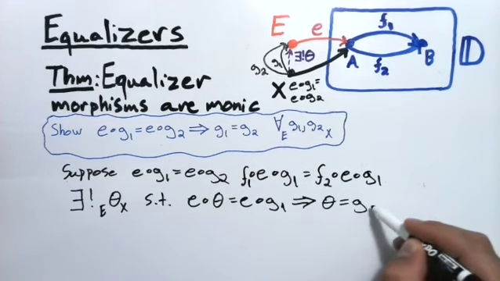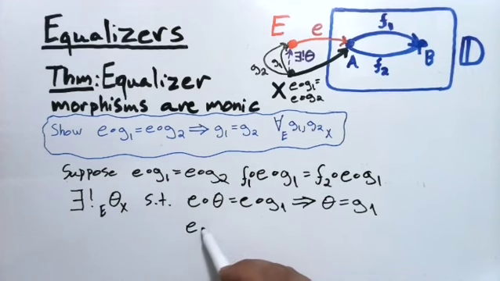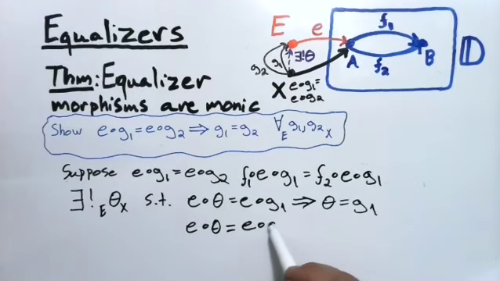Right? It's already in this form, so if there's only a unique one that satisfies this, then it must be G1. And we also have that E after theta is equal to E after G2, because this is equal to E after G2. And so that's the same.